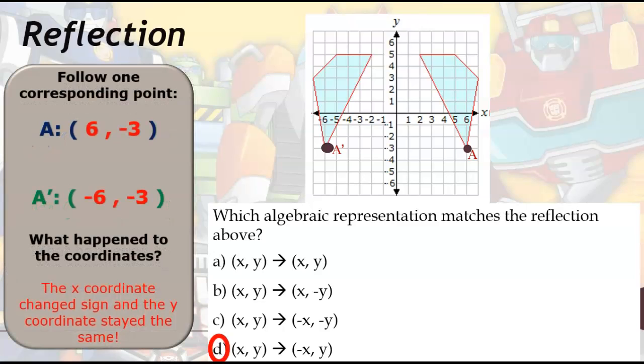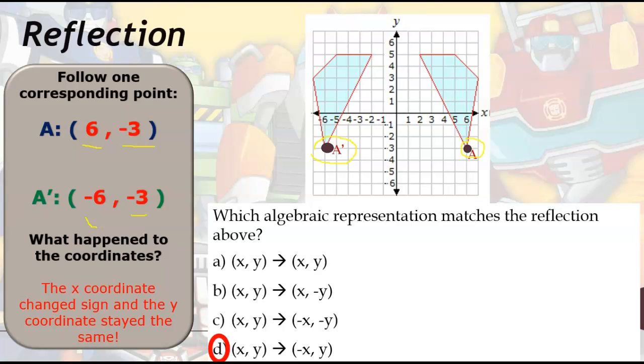All right, so I looked here at point A, and our original point A is at 6, -3. And A prime, after the image is reflected, our new A, is now at -6, -3.